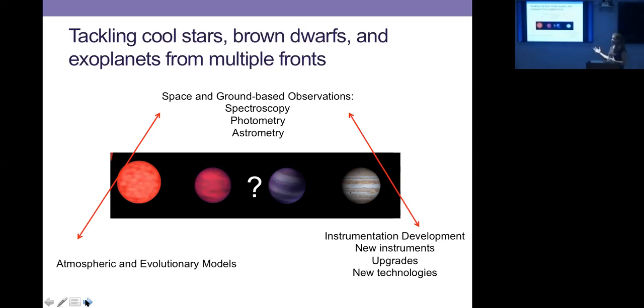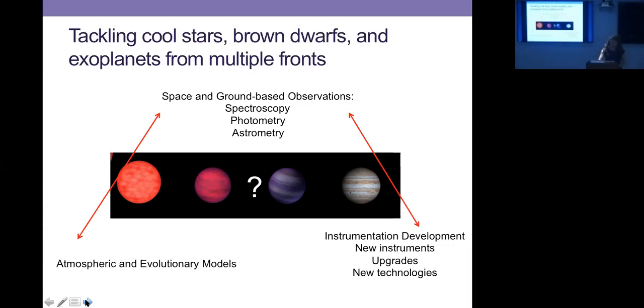Likewise, the observations tie back in with our development of new instrumentation. When we take observations and find something really interesting that we want to explore further, this tells us which direction our instruments should be developing, so that for the next generation, we know where we want to go.